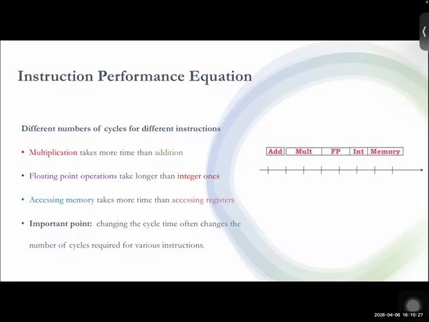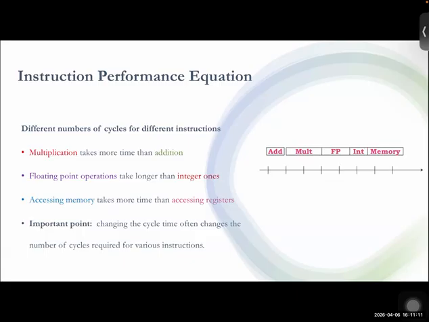And in an addition or subtraction operation, if the source operands and destination operands are floating point numbers, they may take more time because conversion is required: converting the integer part into binary, then the fraction part into binary, then normalizing that number, then encoding it using the IEEE 754 standard in single precision. That takes more time than integer operands.